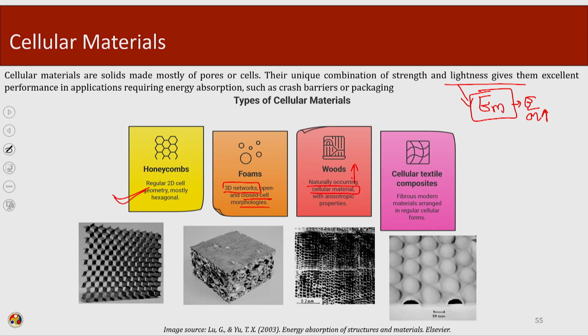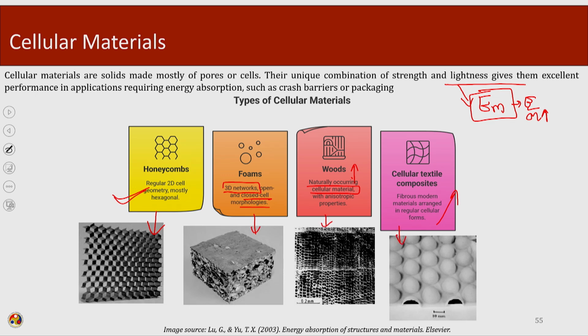Okay. So, nowadays cellular textile composites have also come into the picture. These are fibrous modern materials and they are arranged in a regular cellular fashion. So, they also exhibit high energy absorption capacities. So, we have seen honeycombs, foams, wood and these cellular textile composites.